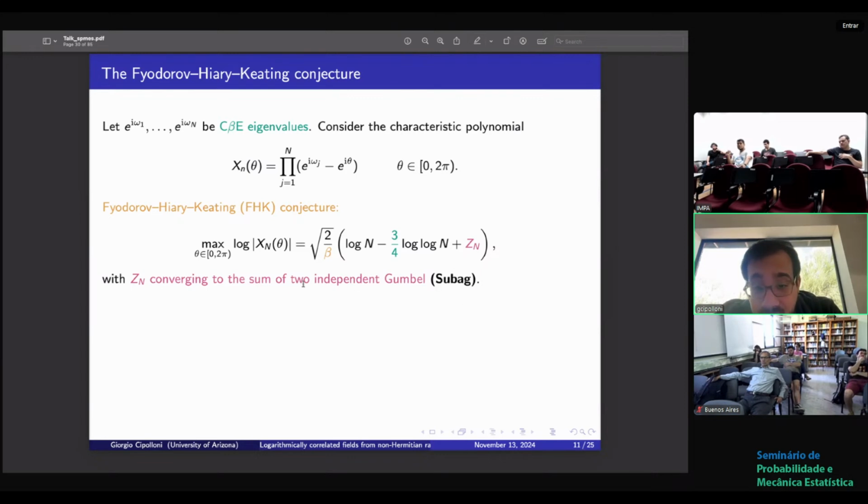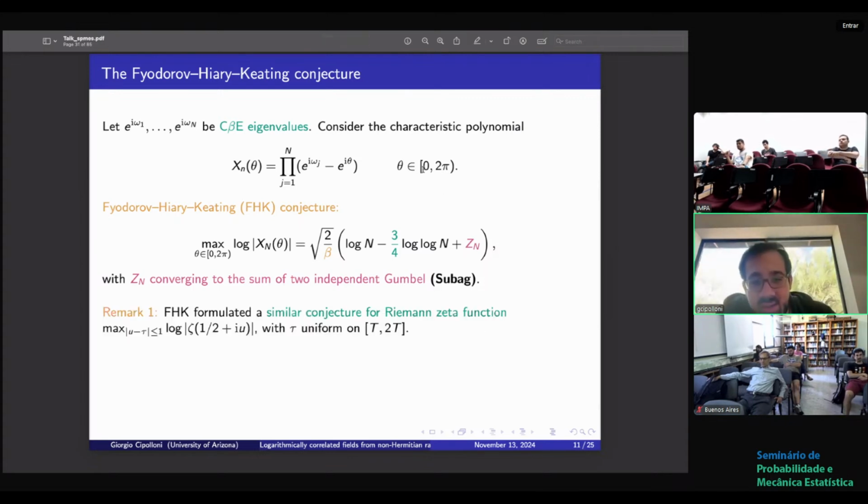But again, the point here is that if you write down the computation, one can see that the tail behavior of the sum of two independent Gumbels behaves exactly as lambda times e to the minus lambda. So again, they conjecture Z_n to have the same tail behavior as the limiting distribution appearing in the maximum of the Gaussian free field.